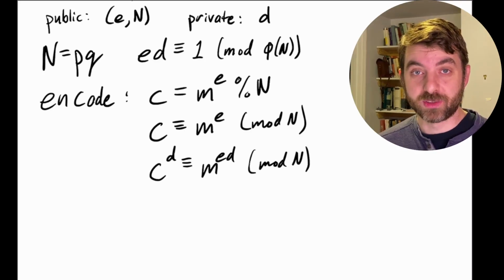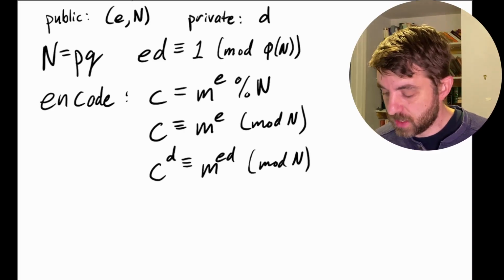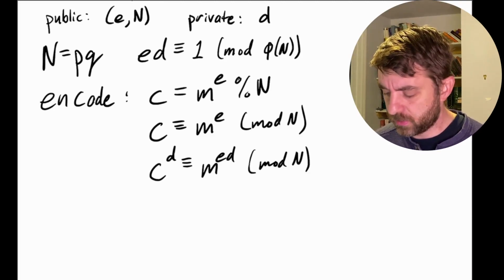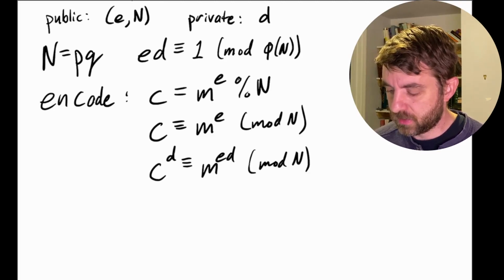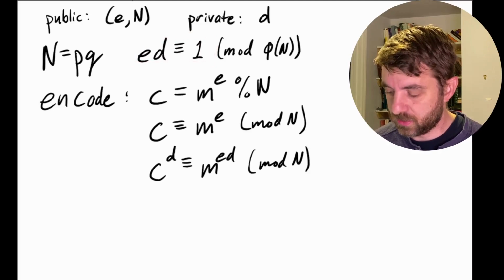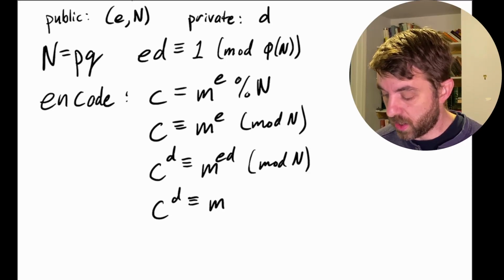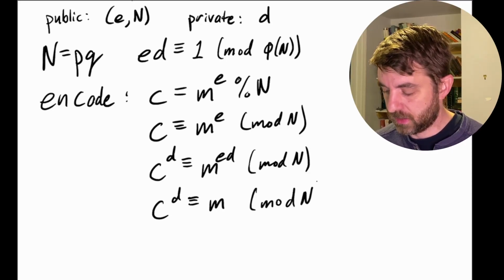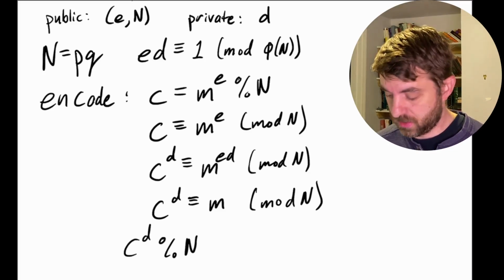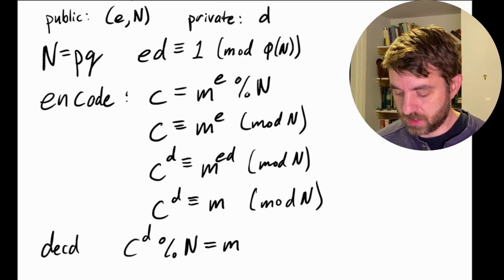There's no problem with raising both sides of a congruence to some power. But now we know exactly what to do, because I have an exponent mod n, and that exponent is congruent to something else mod phi of n. So I can use this theorem we just proved, and I get that c to the d is congruent to m to the 1, or just m, mod n. And that gets us that c to the d mod n is in fact equal to m. All right, so that's our decoded message.